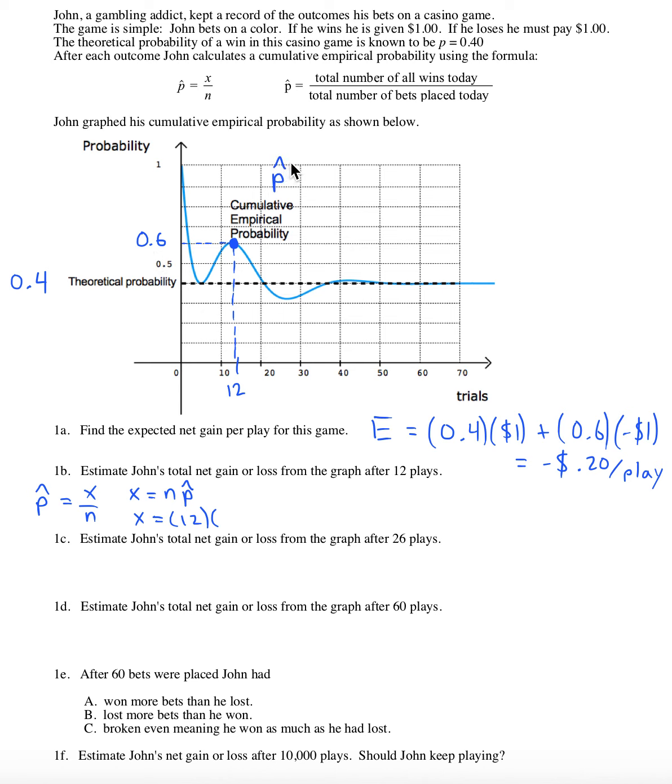This is P hat, whereas this is P, the theoretical probability. Okay, so 0.6 goes here. In this way, we'll find out how many times he had won out of those 12 trials. Approximately 7.2 wins. Which means that he'll have 12 minus 7.2 equals 4.8 losses.